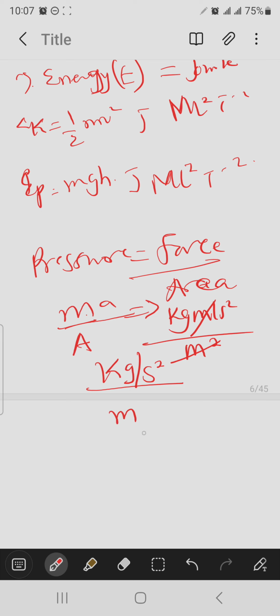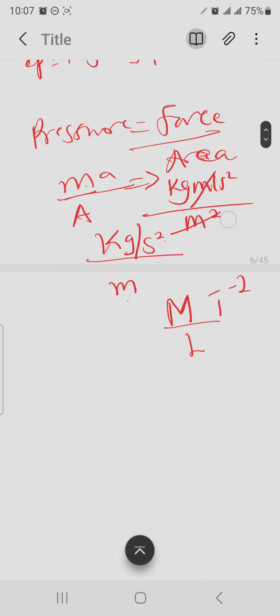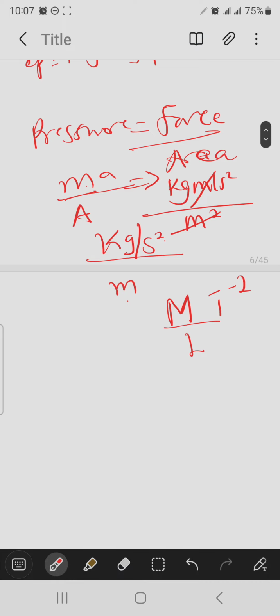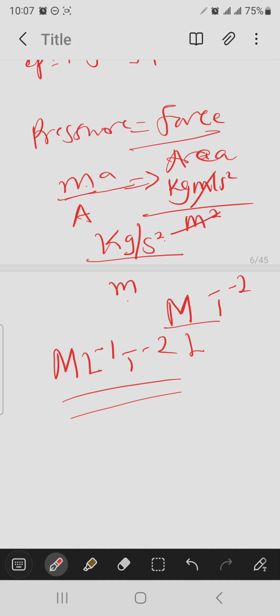So what's our kg? Capital letter M, divided by this L, this one T raised to the power minus 2 per seconds. So this one will now be M L raised to the power minus 1 T raised to the power minus 2. And this is going to be the answer for the pressure. And I really hope you understand this.